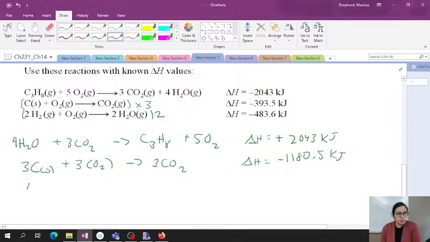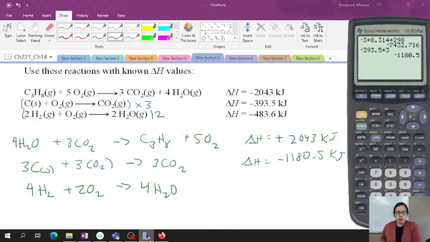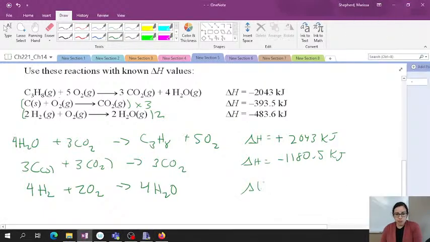And let's see what that looks like. So 4H2 plus 2O2 gives me 4H2O. And again, I don't want to forget, so let me multiply this now. So negative 483.6 times 2, so negative 967.2 for our delta H for this part.